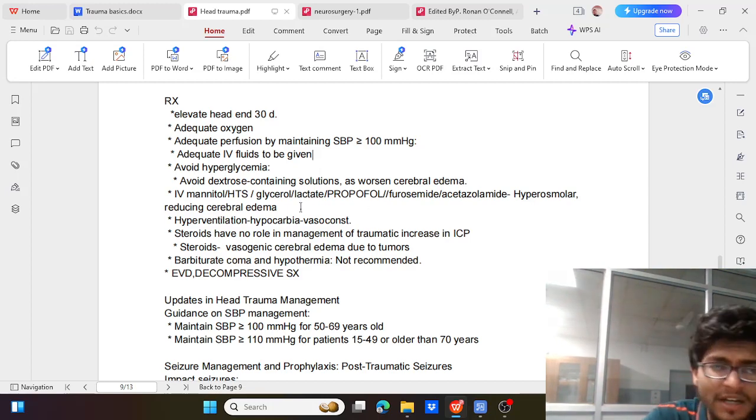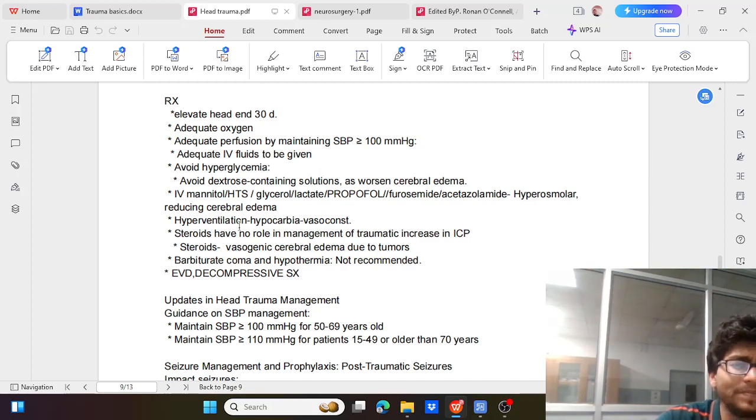If we are having cerebral edema, then we'll give some drugs in the form of mannitol, hypertonic saline, glycerol, lactate and propofol. These will help in reducing cerebral edema by hyperosmolar action, and furosemide and acetazolamide will decrease the production of CSF, so they will be helpful for decreasing cerebral edema.